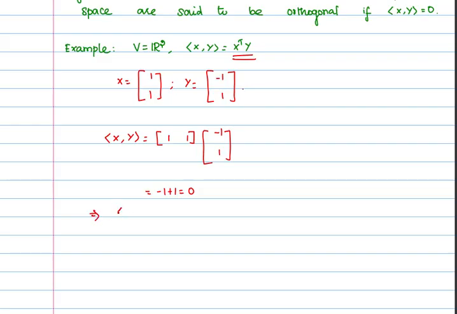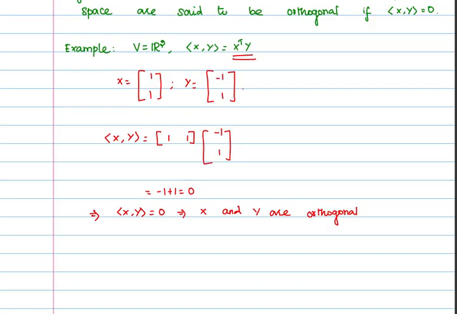This implies these two vectors are orthogonal to each other. So x and y are orthogonal using this inner product. This is the first example.